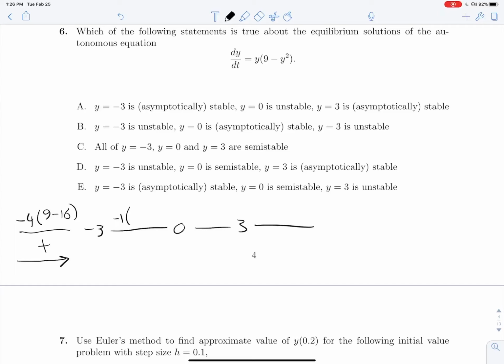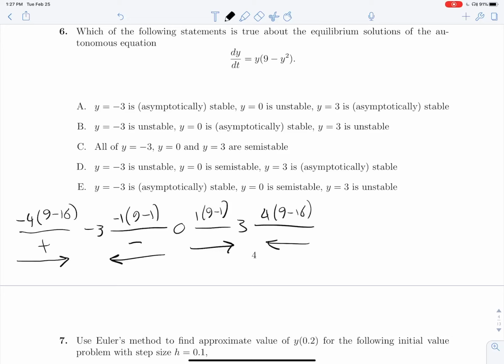That will give us -1 times 9 minus 1. That's a negative number, and so we will draw a negative arrow. What about 1? That'll be 1 times 9 minus 1, a positive number. And finally, if we try y equals 4, we will get 4 times 9 minus 16, which is a negative number. There we go. So if you start on either side of 0, solutions always flow away from 0.